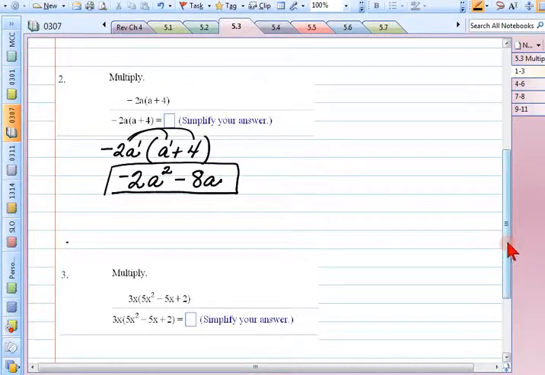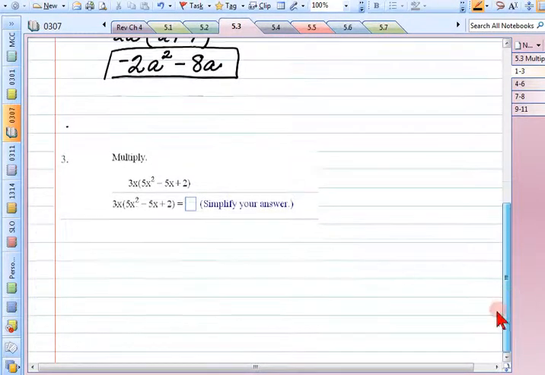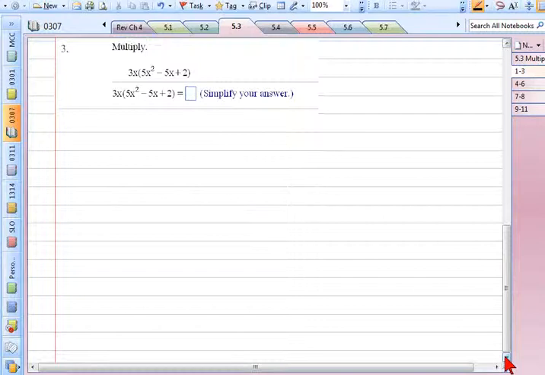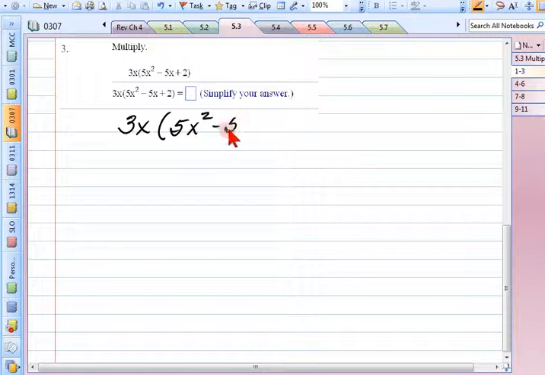All right, we're going to do it again in the next problem. In number 3, I have 3x times 5x squared minus 5x plus 2. Distributive property.